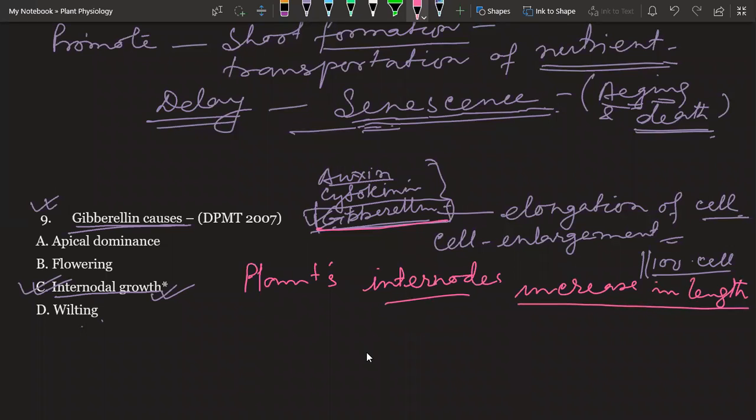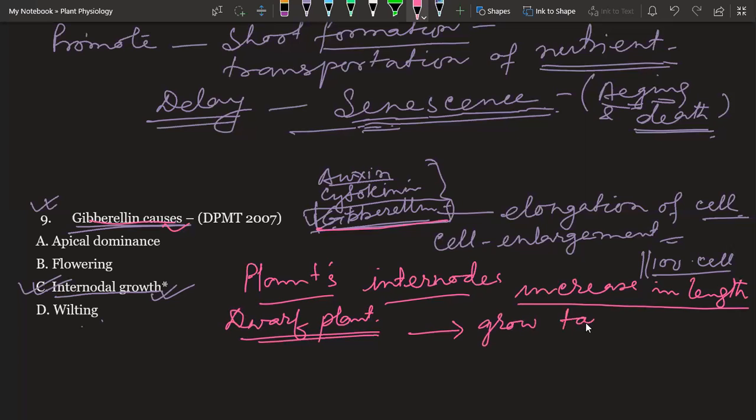The plant becomes very large. What happens in dwarf plants, which are genetically dwarf also? If there the gibberellin is used, they can grow tall. Even the dwarf plant grows tall by the application of gibberellin, and particularly a plant like cabbage.